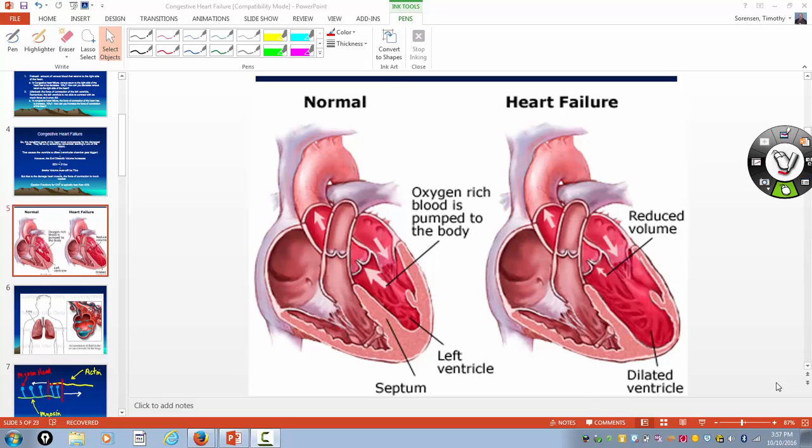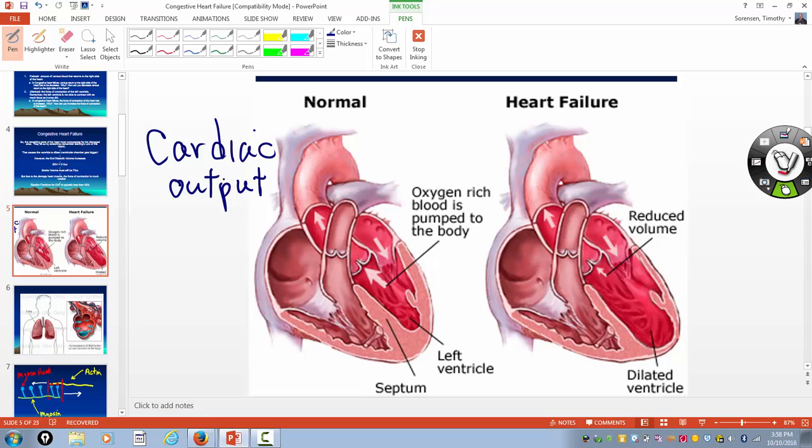Okay guys, what I'm going to do today is try to explain to you the concept of cardiac output. Now, blood flow and cardiac output, total blood flow and cardiac output are basically the same thing.